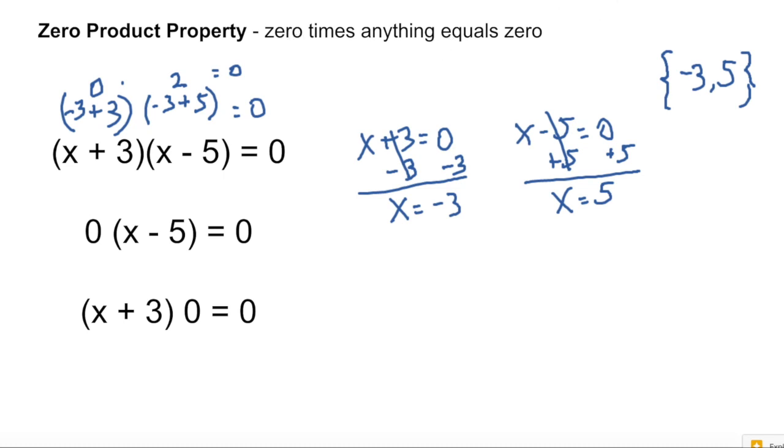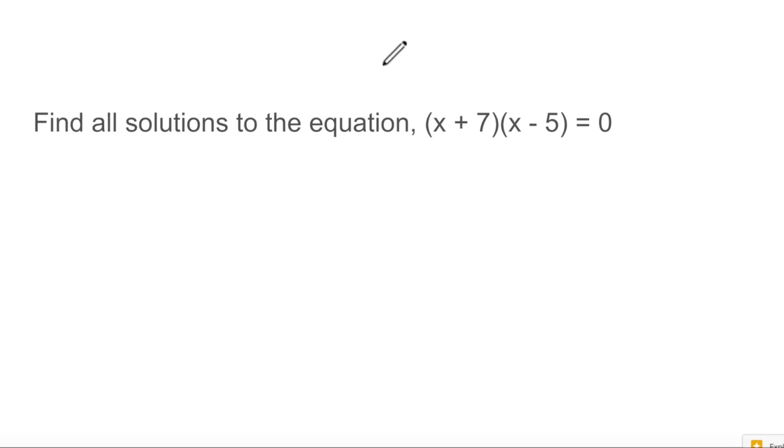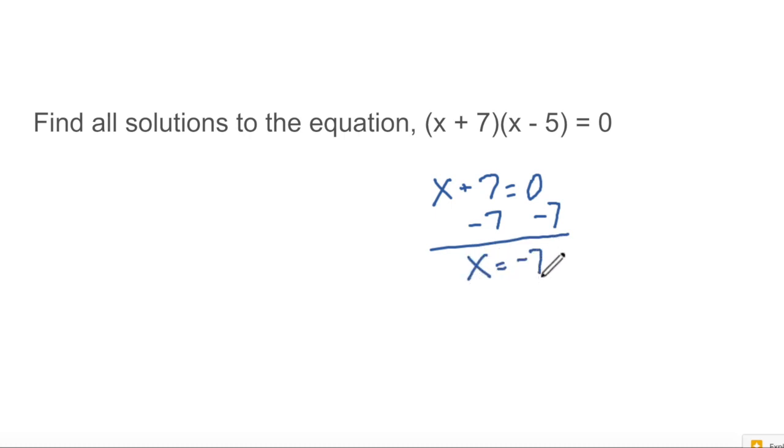So let's try a couple more practice problems. Find all solutions to the equation x plus 7, x minus 5. The zero product property tells us that if x plus 7 equals 0, then the whole thing equals 0. So let's just set x plus 7 equal to 0 and solve for x. All we have to do is subtract 7 from both sides, and we get x equals -7. And the second one, x minus 5 equals 0.